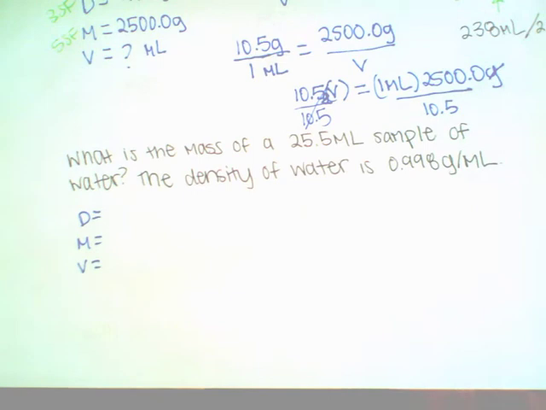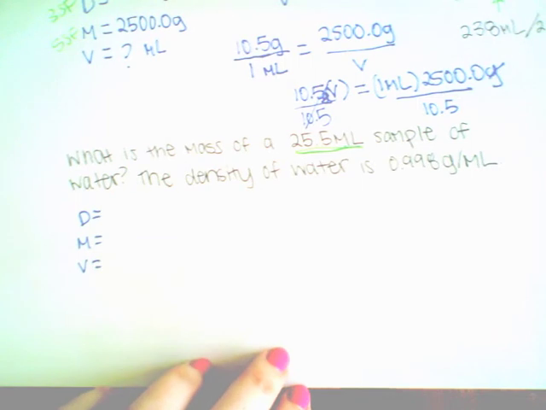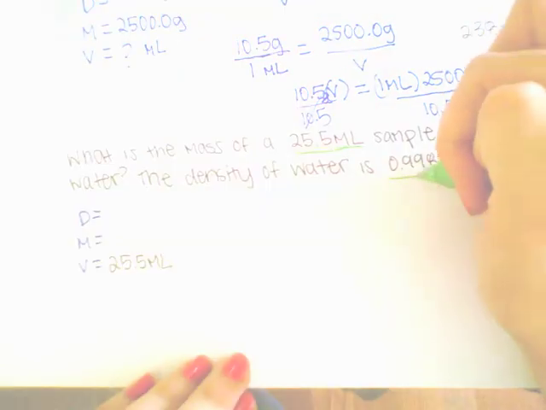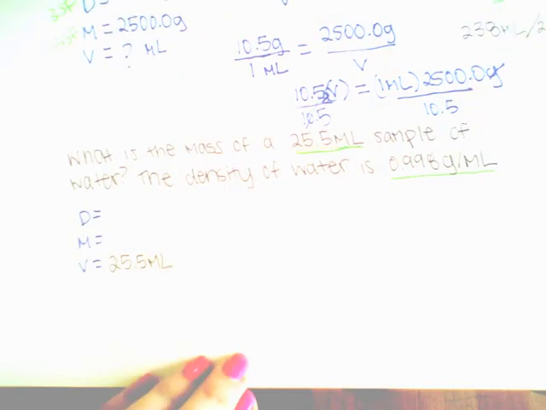Okay, so if we look back at the problem, I see 25.5 milliliters. Milliliters is a measure of volume, so I know that that is V. Okay. Next piece of information that is given to us is 0.998 grams per milliliter.